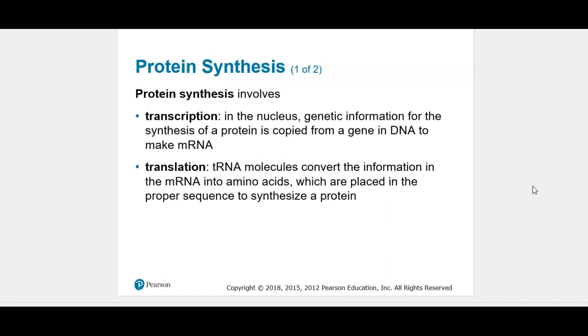And the messenger RNA makes its way out of the nucleus, and then it lands in a ribosome, runs through a ribosome, almost like a tape reader, if you've ever seen one of those. And it's translated into protein by means of transfer RNA molecules that are charged with the appropriate amino acids, as we'll see.